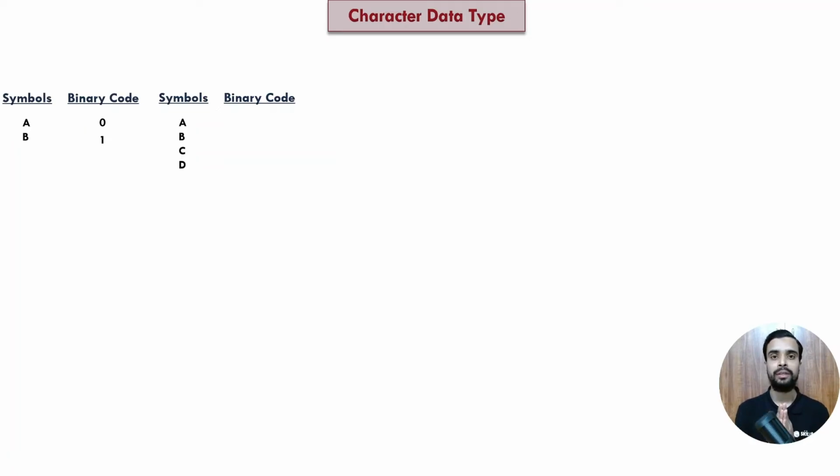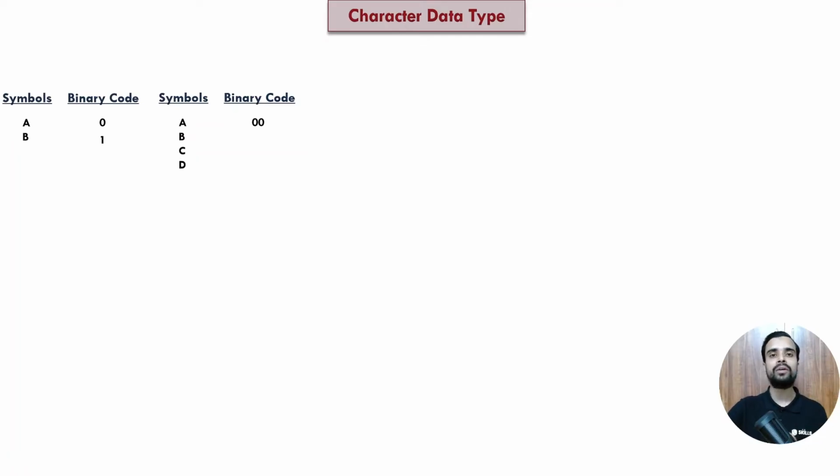Then how do we tackle this situation? It is very simple. Whenever the number of symbols in the character set would increase, it would demand that you increase the length of the binary code. That means if you stick to a 1-bit binary code, definitely it is not possible for you to assign unique binary codes to all of the 4 symbols here. Then what do we have to do, sir? Like I said, increase the length of the binary code. Maybe to the first symbol, we are going to assign the binary code as 00.